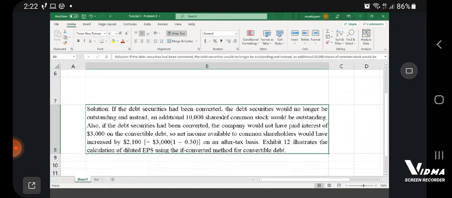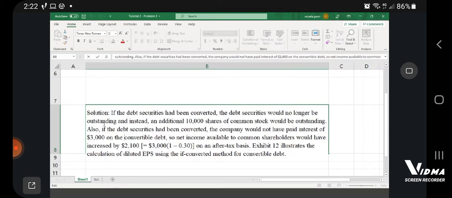Instead, we would have an additional 10,000 shares of common stock outstanding, in circulation in the market. And the other side of the story is that if the debt has been converted, the company would not have to pay interest of 3,000 on the convertible debt.